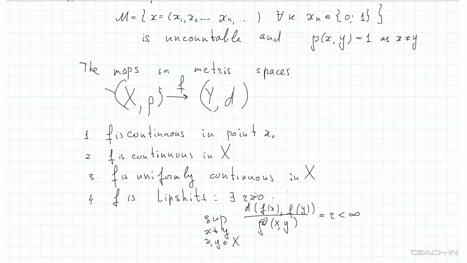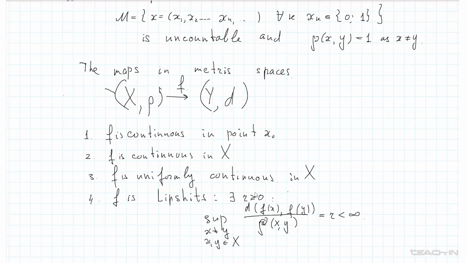Lipschitz maps are very important in many areas, for example in modern machine learning. And you know that for differential equations there is the theorem of existence and uniqueness of the solution, where we consider a Lipschitz right side of the equation.